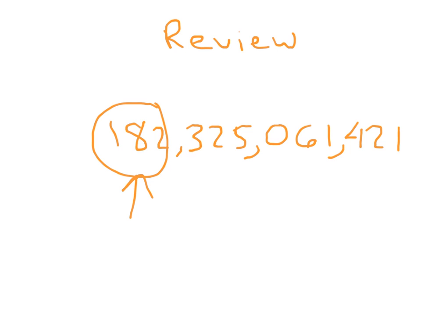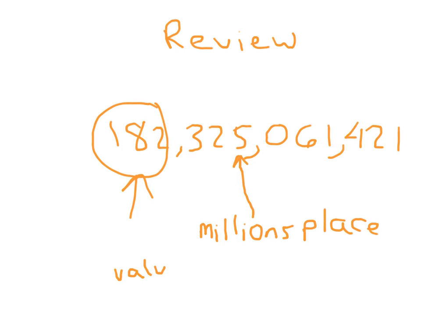What digit is in the millions place? Point at it. Should be pointing at the 5. What is the 6 worth in this number? What's the value of the 6? The value of the 6 is 60,000. Sure, it's in the 10,000s place, but it's worth 60,000.